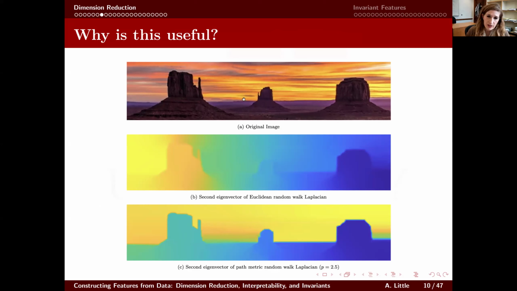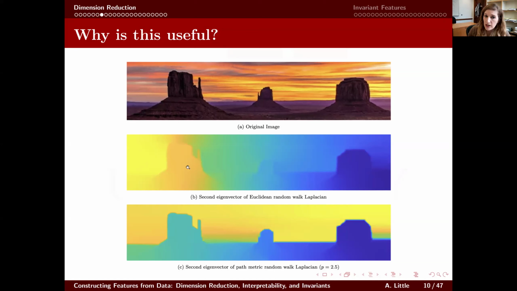You create features which are a combination of the color information and the spatial information in the image. For each pixel, you can take a little patch around the pixel with the color information and its spatial location in the image, and make a graph Laplacian from that information.